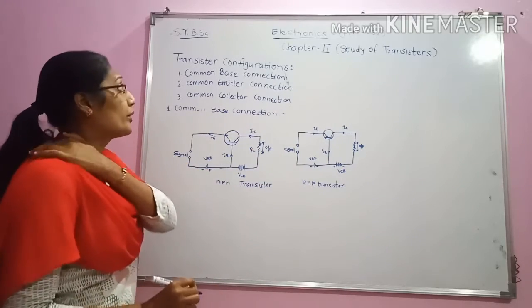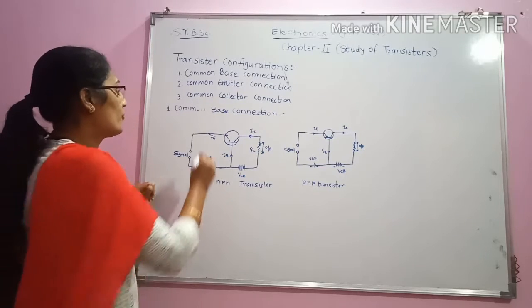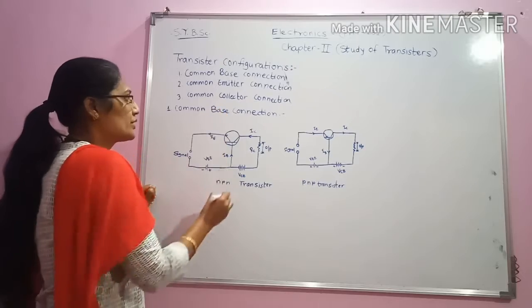Let's see what is common base, common emitter and common collector connection one by one. We will start with common base connection.